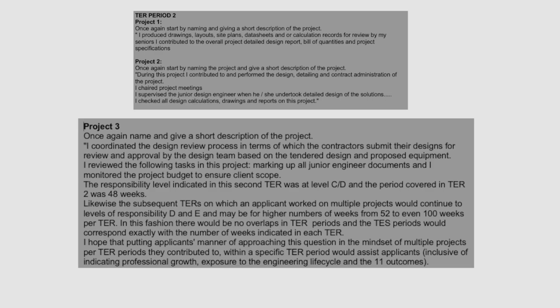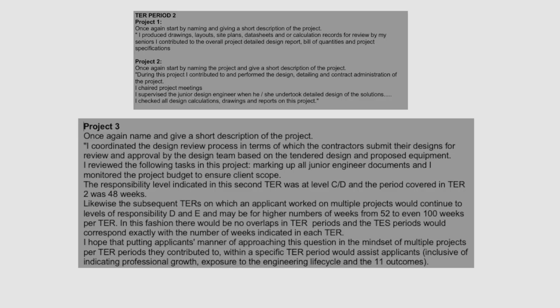The responsibility level indicated in the second TER was at level CD. Can you now see how this candidate moved from A, B, now in TER2 moving to CD, and that's the trend that will be set right through all of your TERs, so that when you get to your last TER, you will be operating on level E during that whole period of time, or multiple projects that you worked on then.